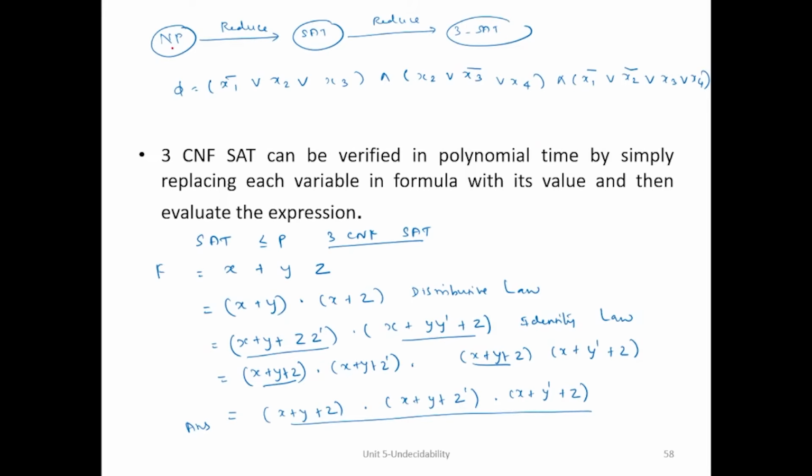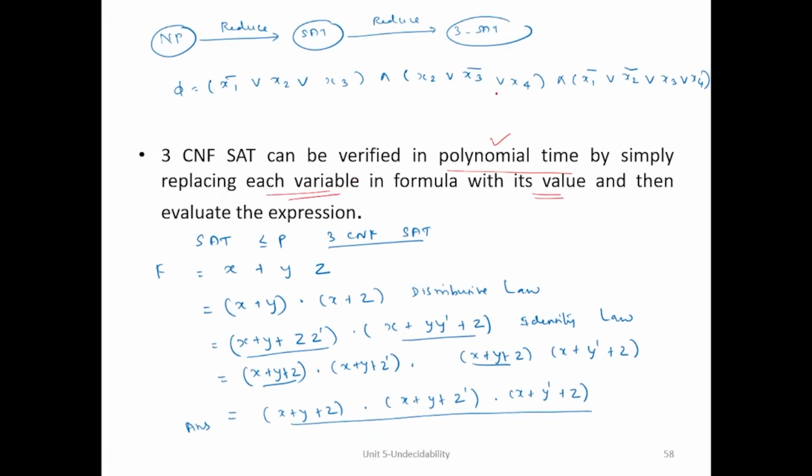NP problems are reduced to a satisfiability problem, and that problem can be reduced to the 3 satisfiability problem with these notations. So the 3 CNF SAT problem can be verified within polynomial time under some conditions. How can we implement the polynomial time reduction? By simply replacing each variable in a formula with its value.